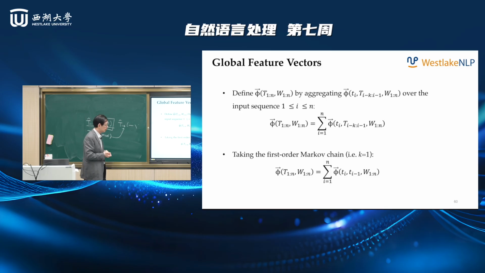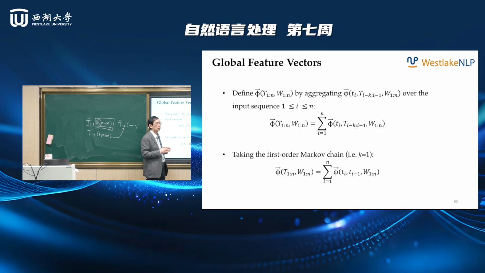So in other words, I can build a CRF using exactly the same feature templates as MEMM. I can write the global feature representation as the sum of local feature representations for every tag, okay?